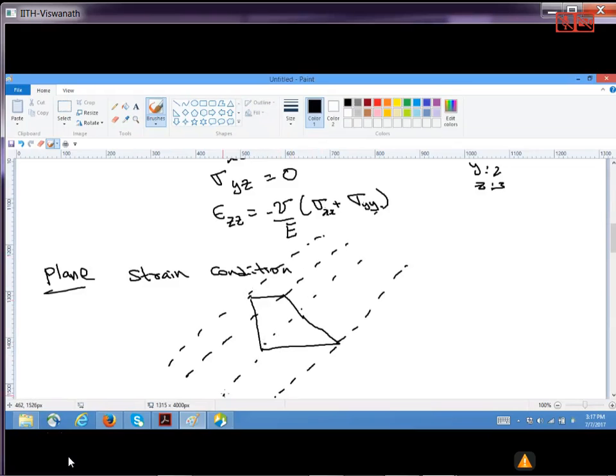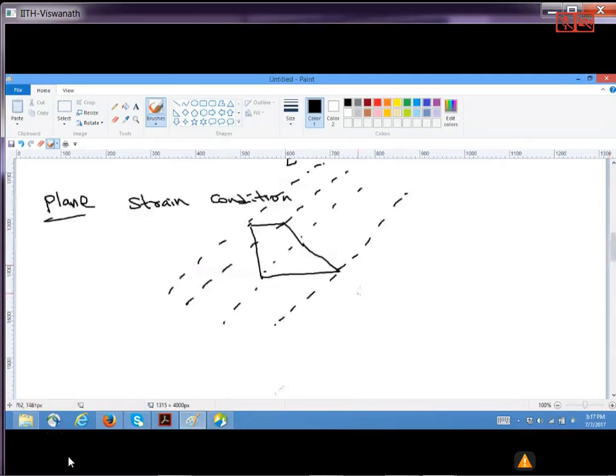If I take one cross section of this dam, then this is the thickness direction. Now the thickness is infinity because dams are so long.